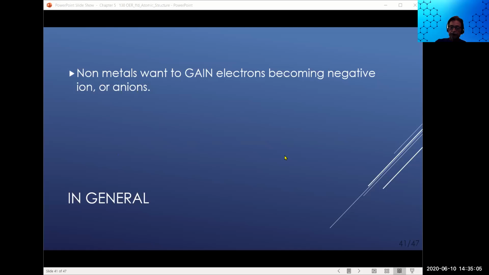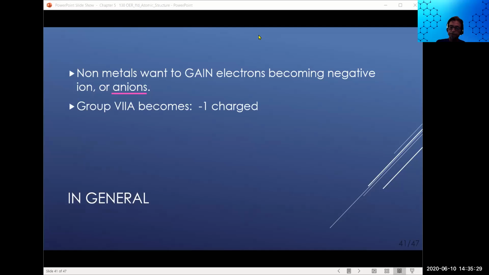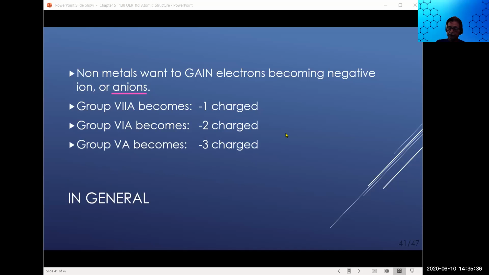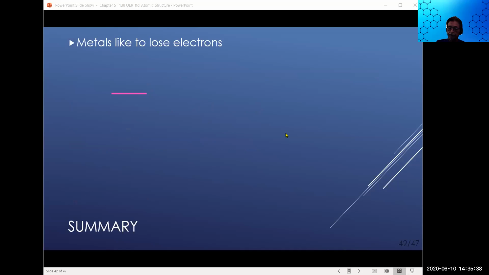So nonmetals want to gain electrons and become negative. The other name that you hear is anions. An anion is an element that gained an electron. So group 7 has a -1, group 6 has a -2, and group 5 has a -3 charge.